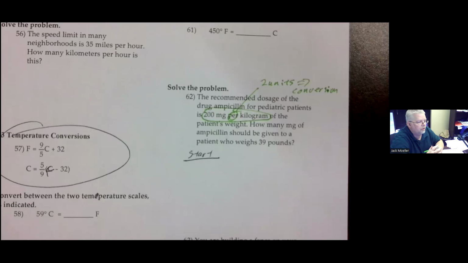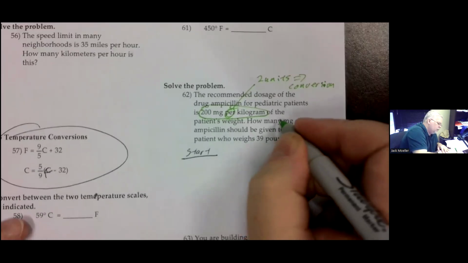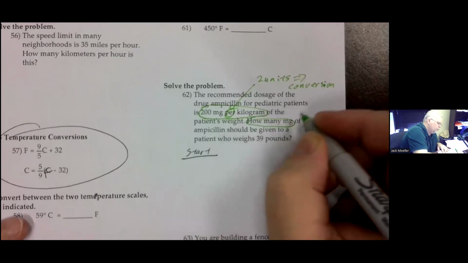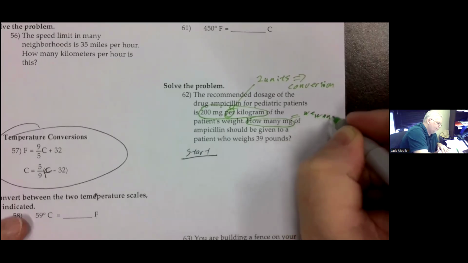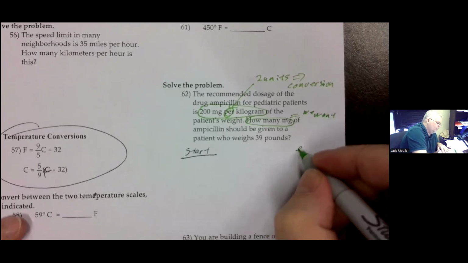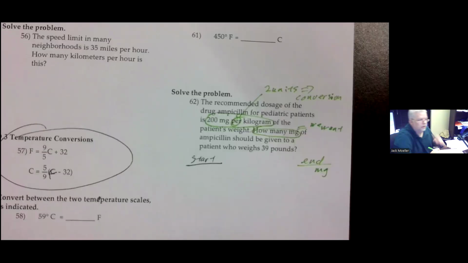So that's not our starting, that's not our ending. I can't say that's 100% of the time, but the vast majority of the time, that's going to tell us one of our conversion fractions. So that's per the patient's weight. So how many milligrams? Here's the key. How many milligrams? That is what we want. We're going to end with milligrams.